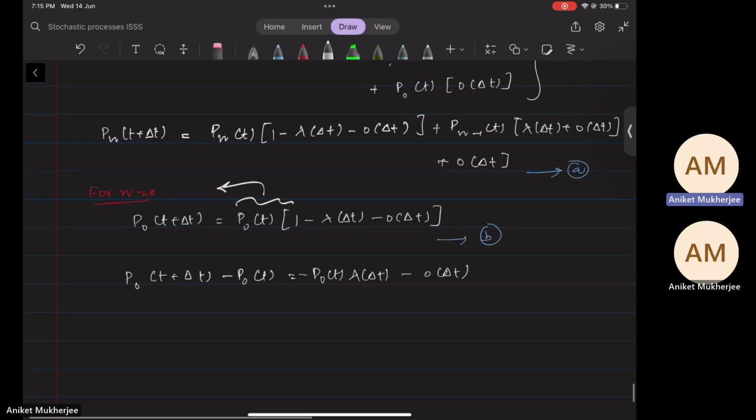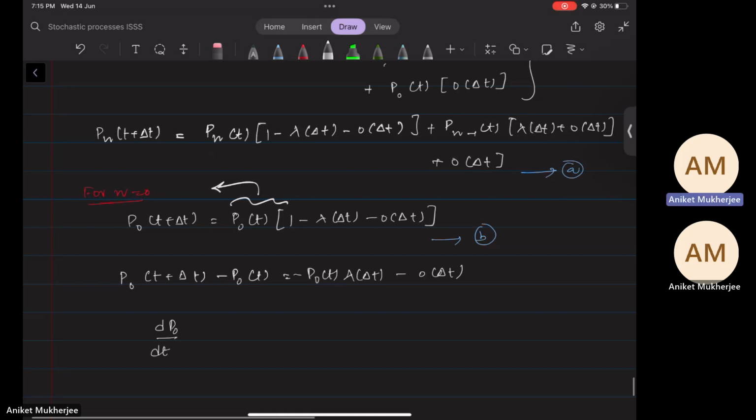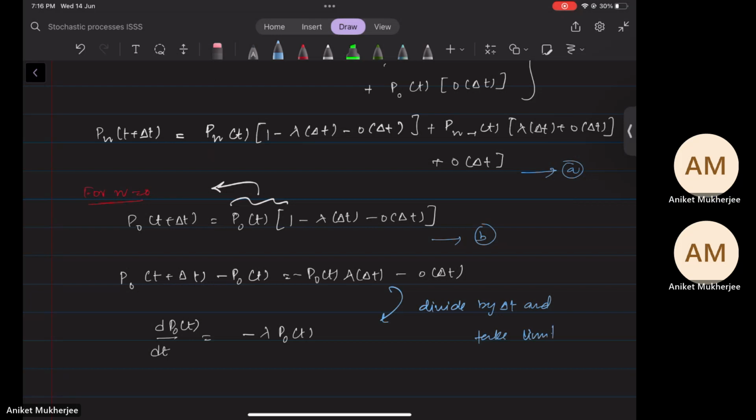I divide it by delta t and take the limit, so I get dp 0 by dt equal to minus lambda p 0. What did I do here: divide by delta t, take the limit delta t tends to 0.